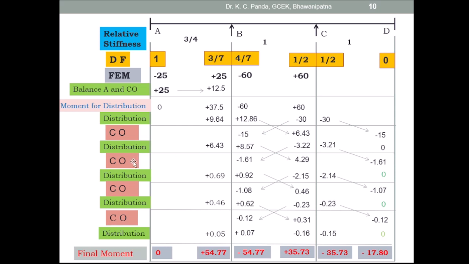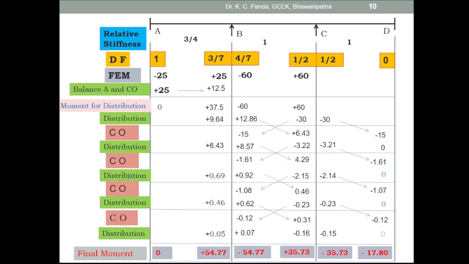Then again you go for the carryover of the moment. So here the half of the moment will carry over to this side, and half of the moment will carry over to this side, and half of the moment will carry over to this side. So this is the carryover moment.